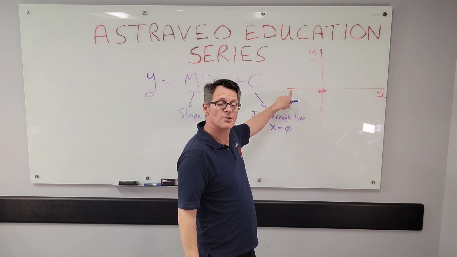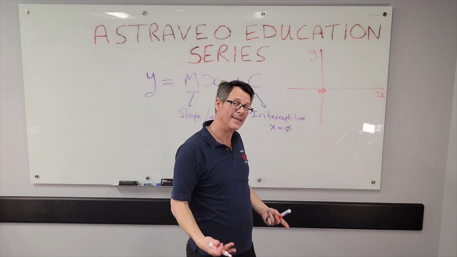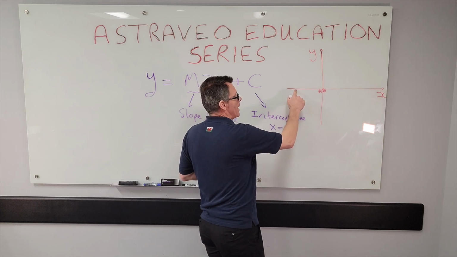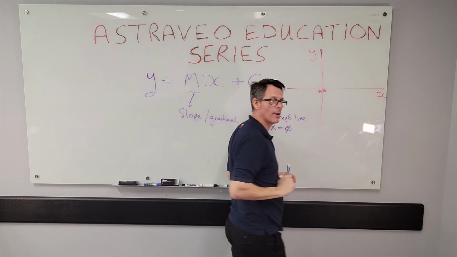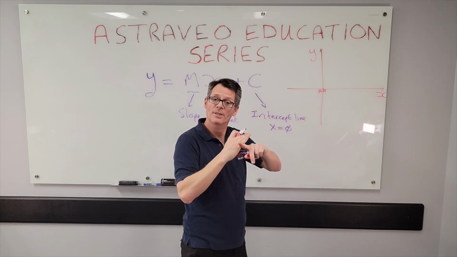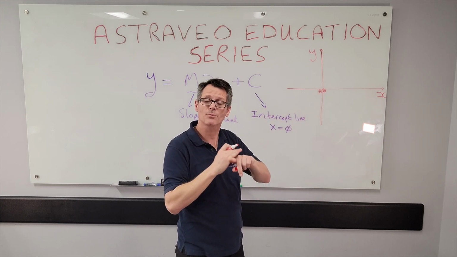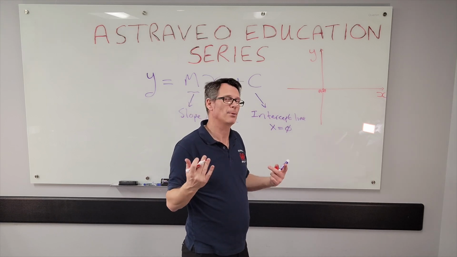Now the converse is true for the x-axis. Anywhere along this line, y equals 0. y is 0 here, here, here, at the origin, here, here, here, everywhere. So that's why the point at which x and y intercept is called the origin, where x equals 0 and y equals 0. So I'm just going to draw an example line.